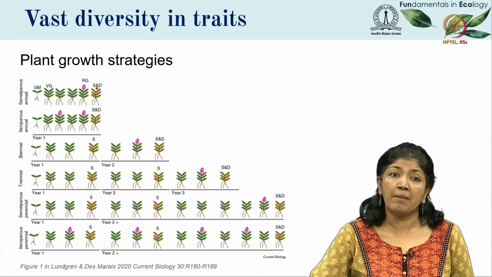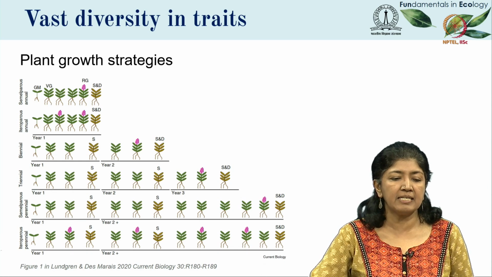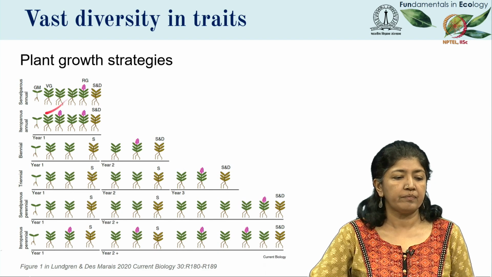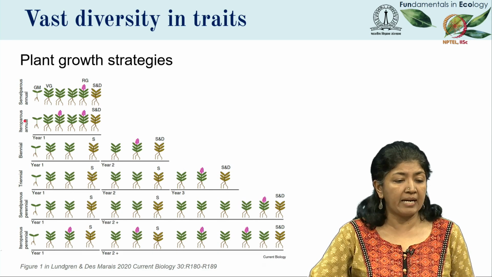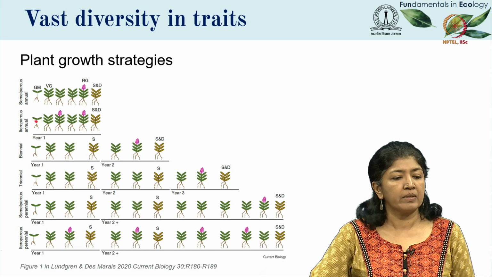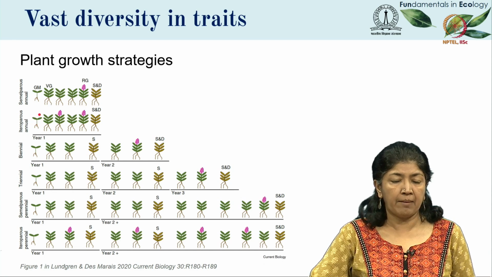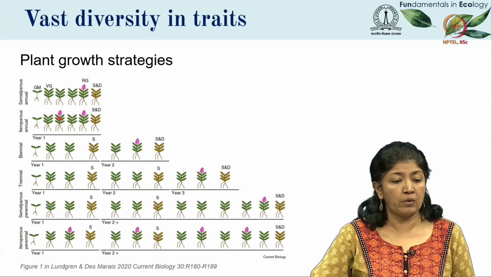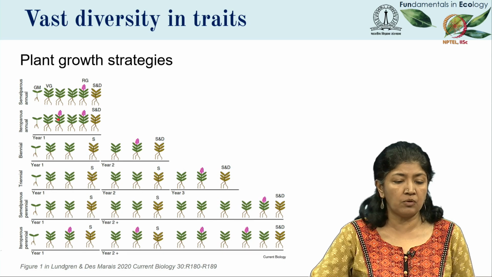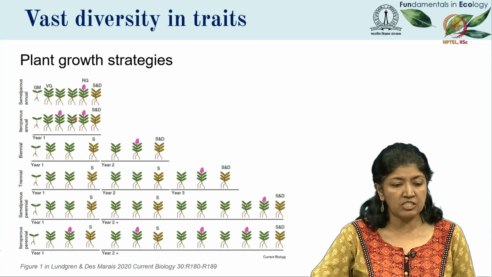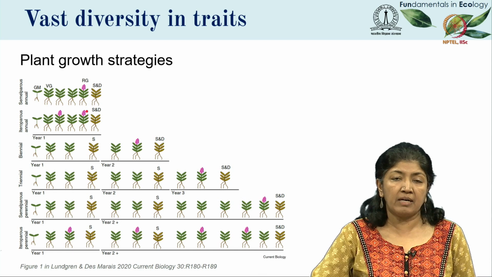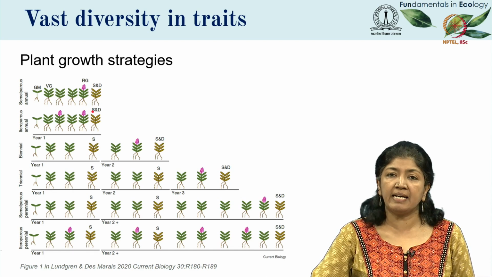These are semelparity annual plants, that is with only one reproductive event. In iteroparity annual plants, germination happens followed by vegetative growth, followed by a reproductive episode, followed by another vegetative growth pattern, followed by reproductive growth and then senescence and death.